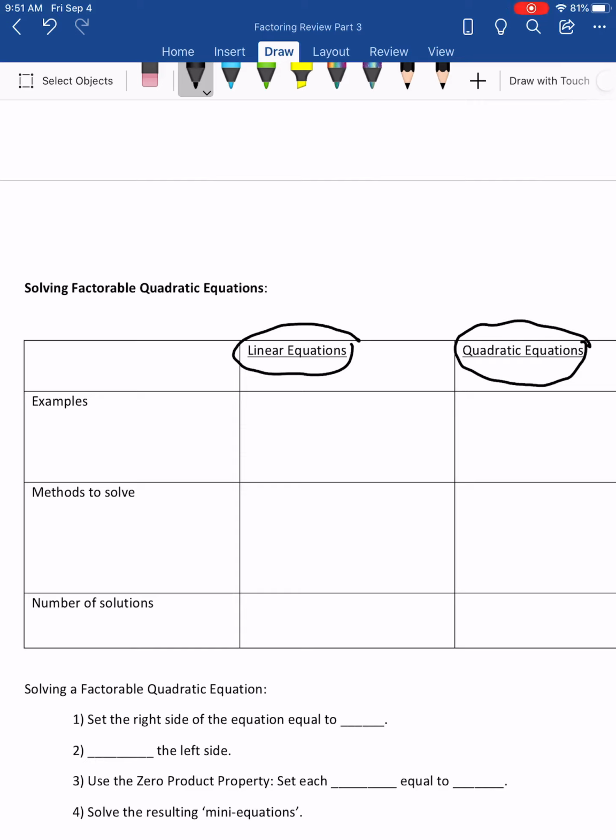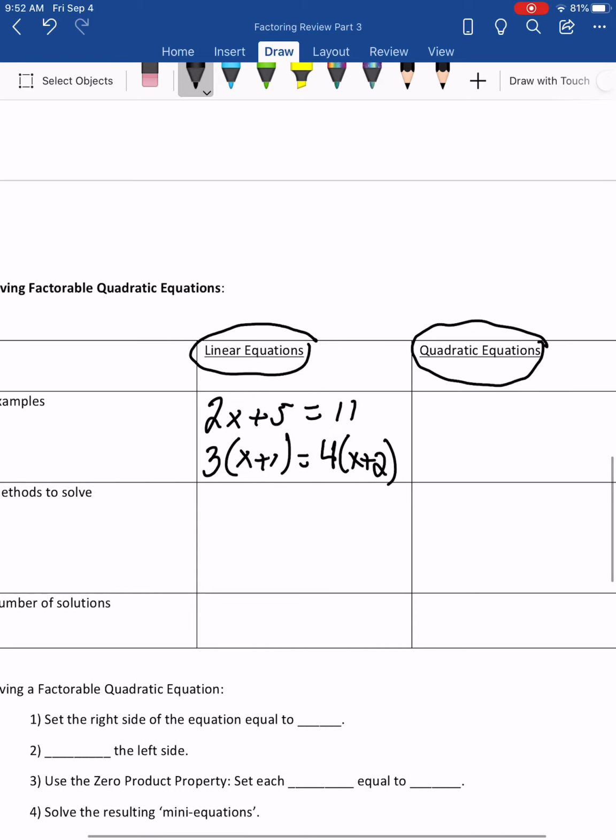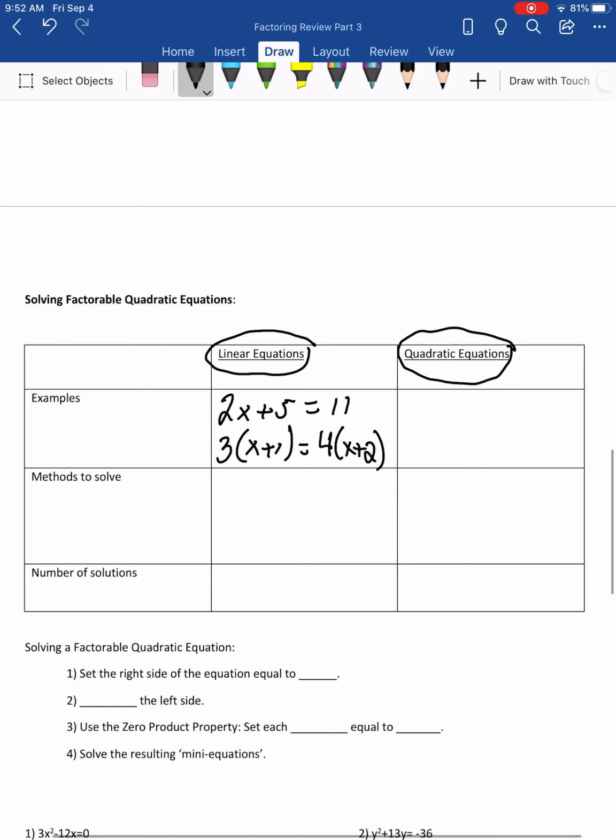Okay, so linear equations look like 2x plus 5 equals 11. 3 times x plus 1 equals 4 times x plus 2, etc. Okay? That's a linear equation.